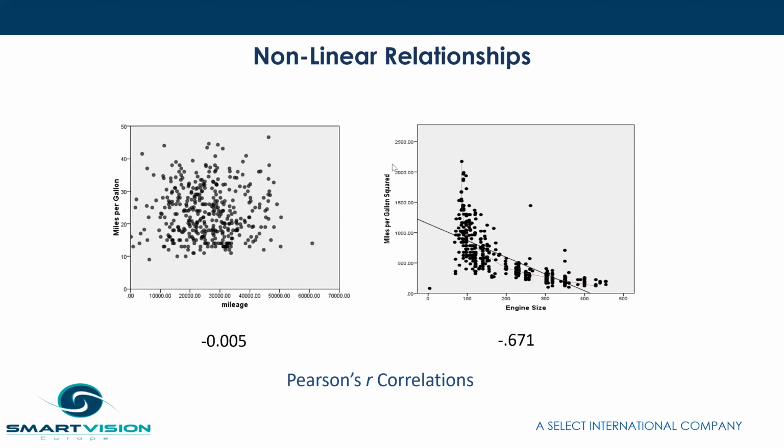Sometimes people will take the square root of a number, or the log of a number, to straighten out the relationship so that the correlation can be interpreted more correctly as a linear relationship based on the log or the square root of a value. But suffice to say, it sees linear relationships. It cannot see non-linear relationships, even if it gives you a reasonably strong correlation here. That's just based on the straight line, not on a curvy line going through it.